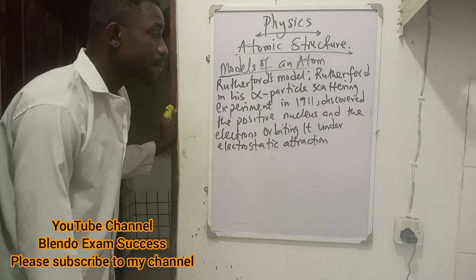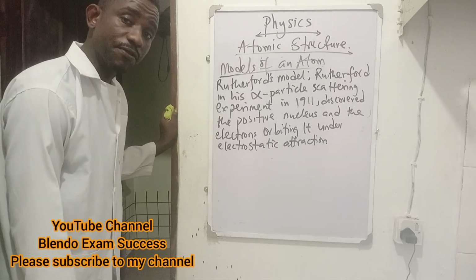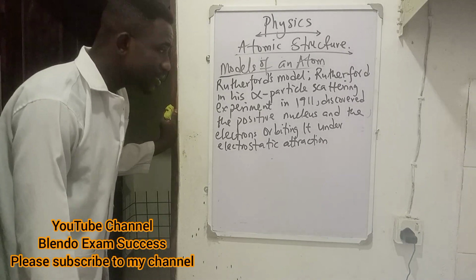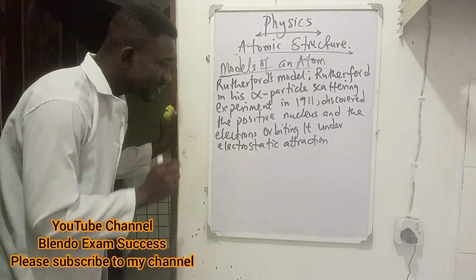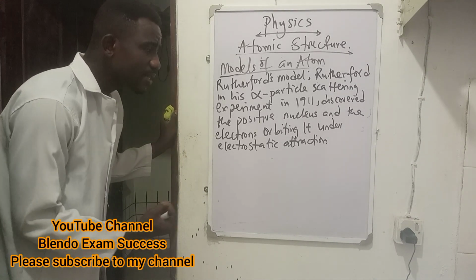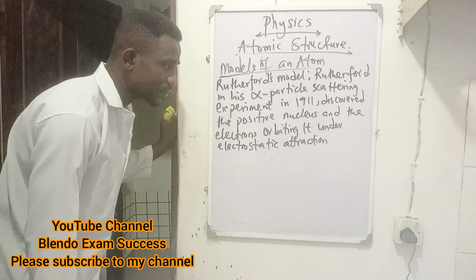Rutherford, in his alpha particle scattering experiment in 1911, discovered the positive nucleus and the electrons orbiting it under electrostatic attraction.